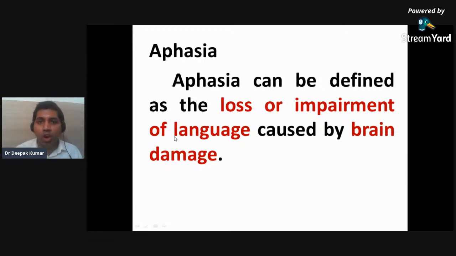Those things will not be counting under aphasia. So it is an integral part of the definition when you say aphasia can be defined as the loss or impairment of language caused by brain damage. If the loss or impairment of language is caused by cranial nerve damage, it's not included. Okay, so this is what the definition is.